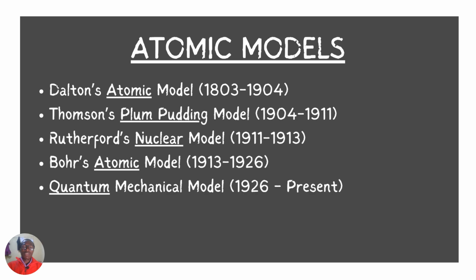And then later on, after 2 years, another model replaced Rutherford's model, trying to improve on it, called Bohr's atomic model, which also served for an impressive 13 years before the current quantum mechanical model was developed in 1926 by separate scientists who provided separate information, which was put together to get the quantum mechanical model.